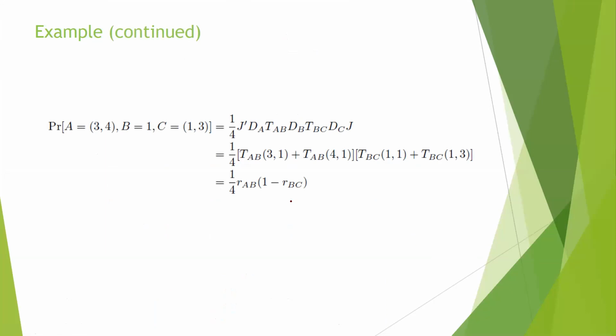Okay, example. Here, because we use the matrix notation, the D matrix actually picks up the ambiguity here, and also takes care of the summation.